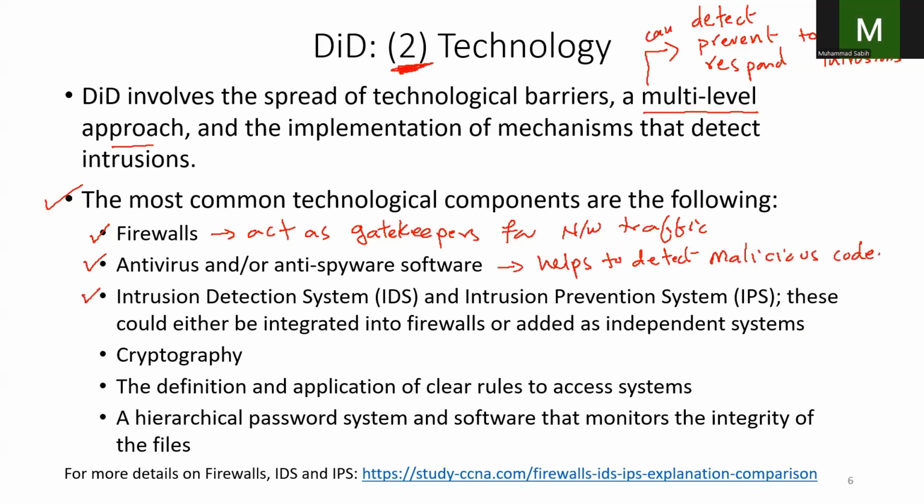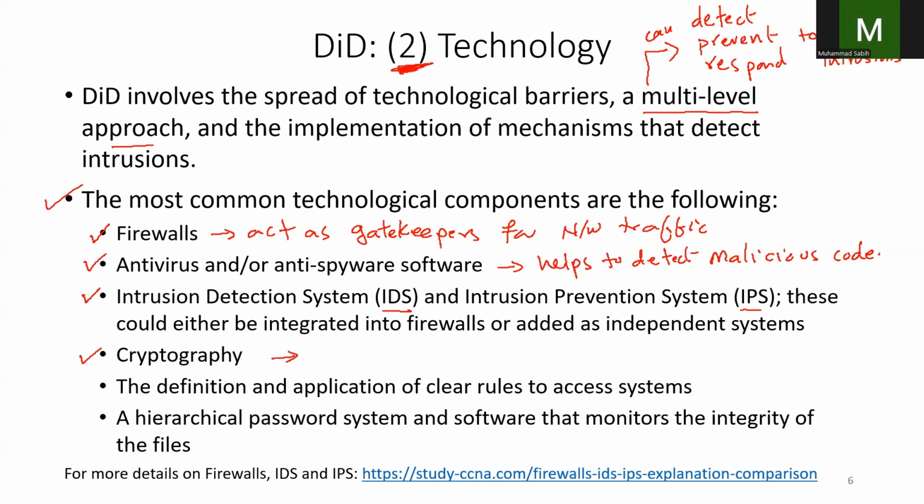Next, we have IDS and IPS systems. IDS is the intrusion detection system, and IPS is the intrusion prevention system. They monitor and respond to suspicious activity and can be integrated with the firewalls or operate as a standalone independent system.